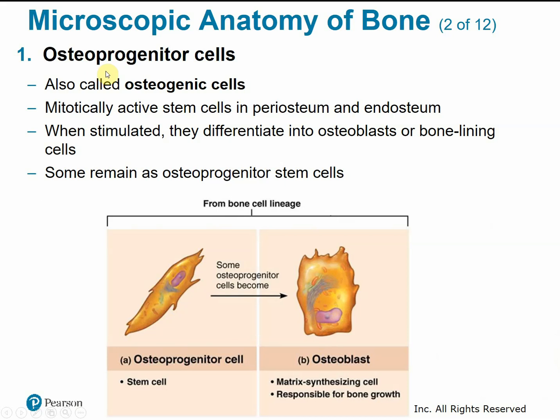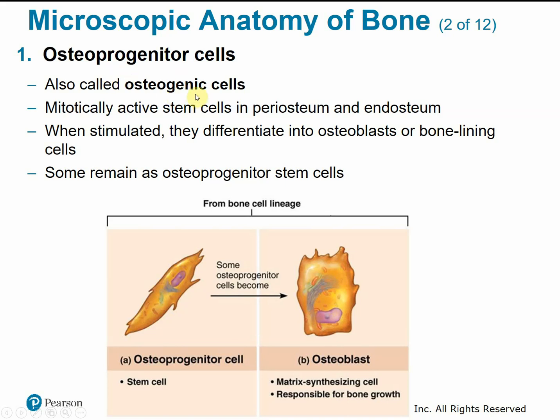Osteoprogenitor cells, also called osteogenic stem cells, are mitotically active in the periosteum and endosteum, so the outer and inner linings of the bone. Whenever they're stimulated, they can differentiate into bone-forming cells or bone lining cells. And some will remain as those stem cells to make new bone cells in the future. So whenever you see progenitor or progeny, it means like offspring.